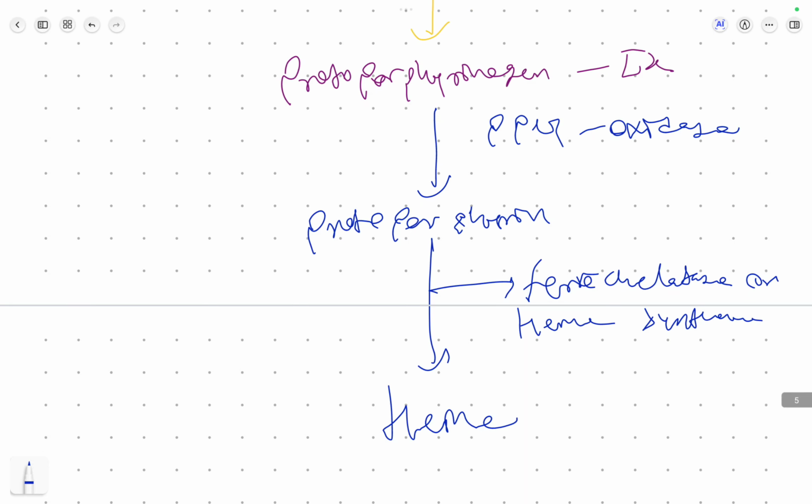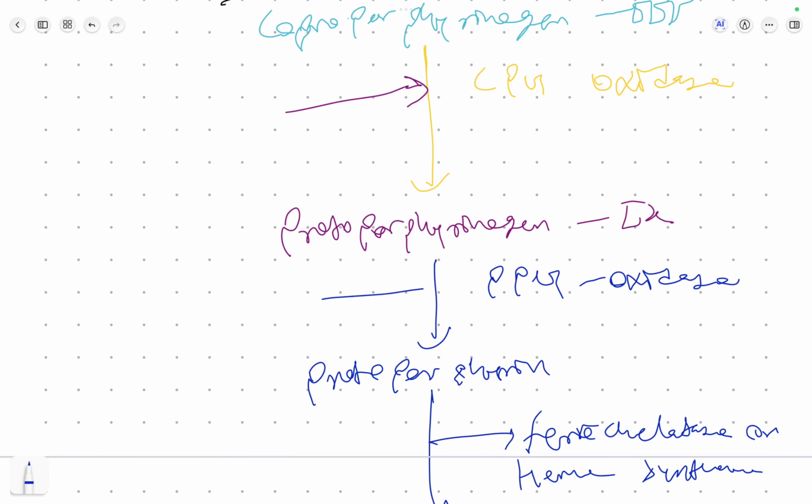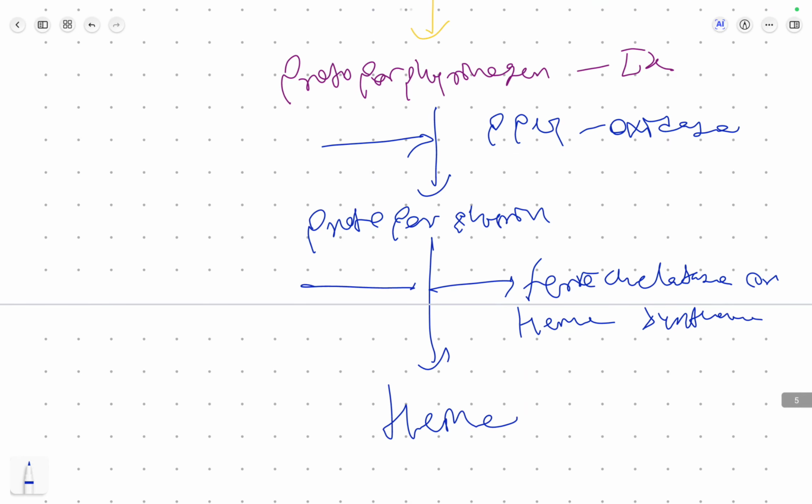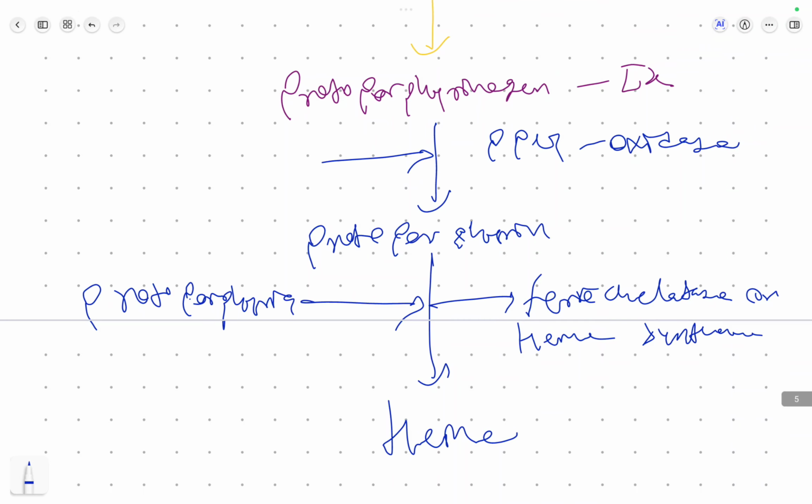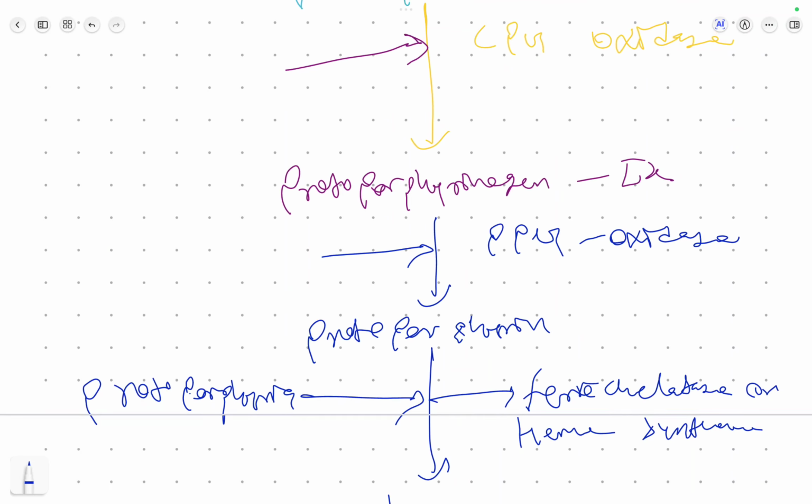Alright, so now let's see what happens if these enzymes are not there. If there is a deficiency of ferrochelatase, we get protoporphyria. If there is deficiency of PPG oxidase, we get variegate porphyria.